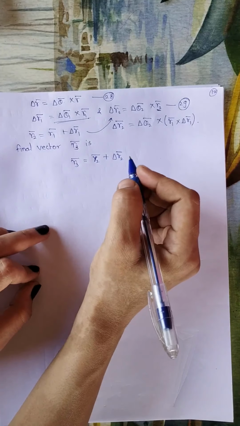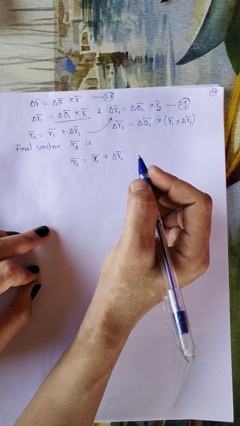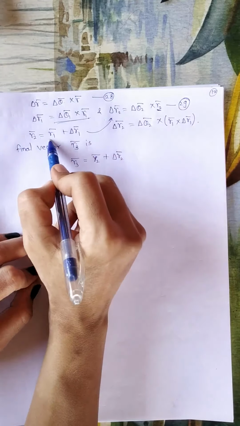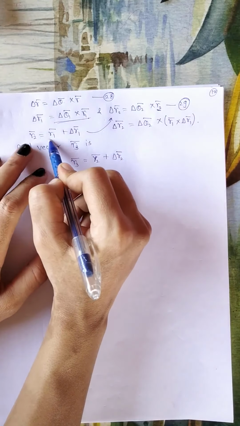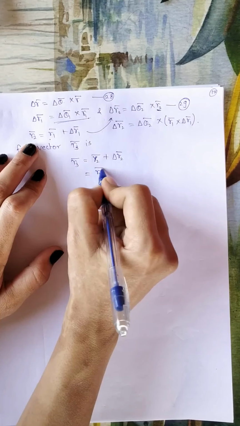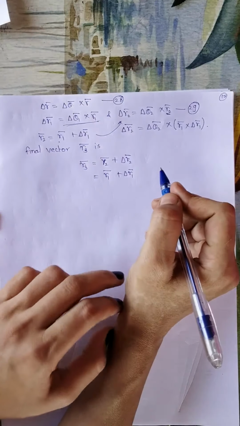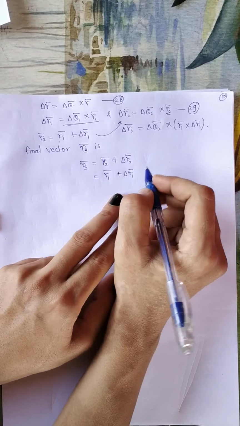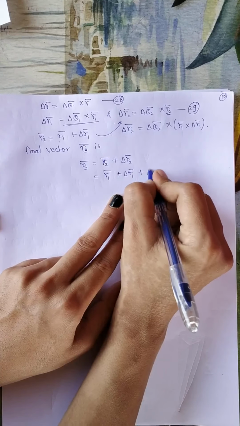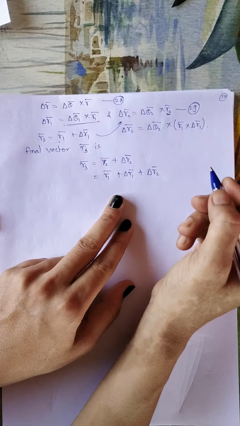Now again we will use the definition of r2 bar. So this is our r2 bar. Let's substitute the value of r2 bar over here. We will get r1 bar plus delta r1 bar, and the remaining delta r2 as it is. So plus delta r2 bar.